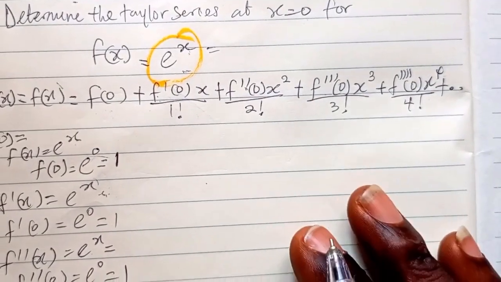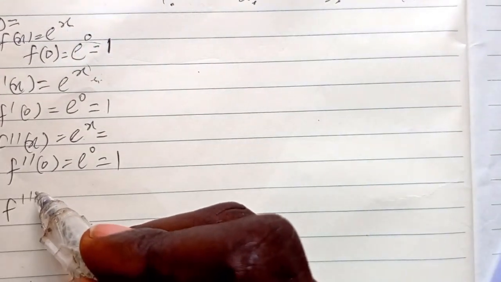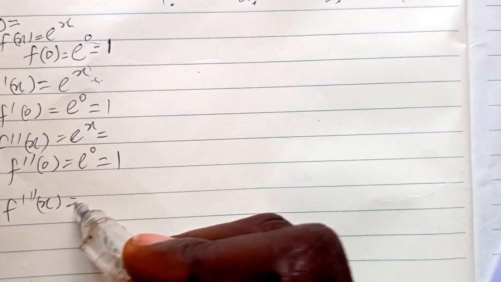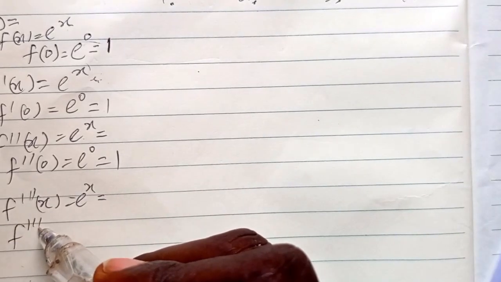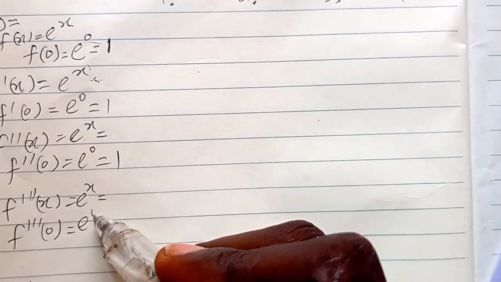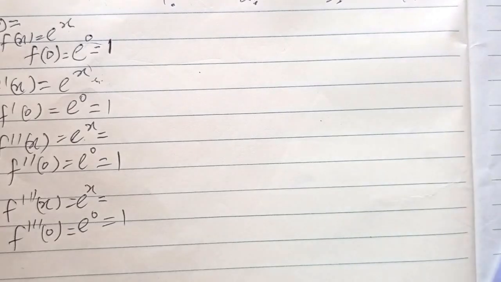If I do the third one, f triple prime of x, I'm still going to get e to the power x. If I put 0 there, I'm going to get exponential of 0, that will give you 1. Since this function is the same, because if you differentiate e to the power x you get that same e to the power x.